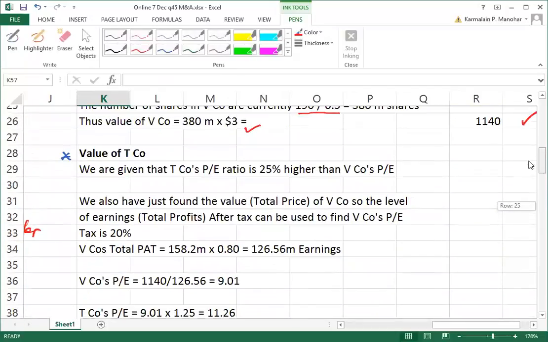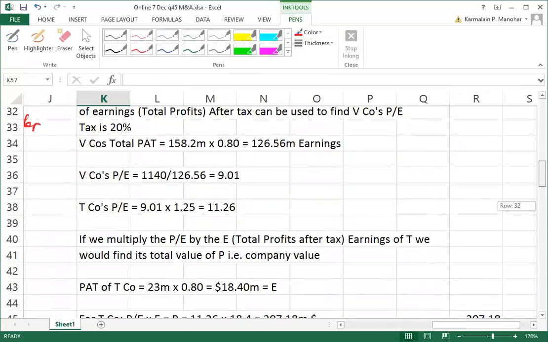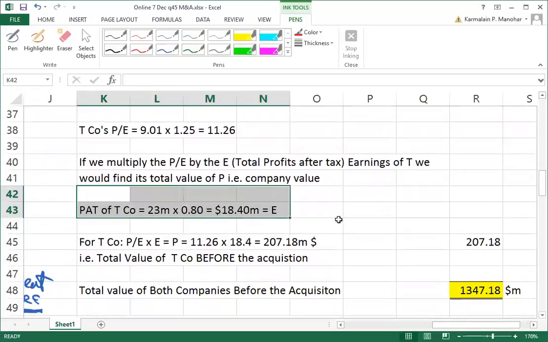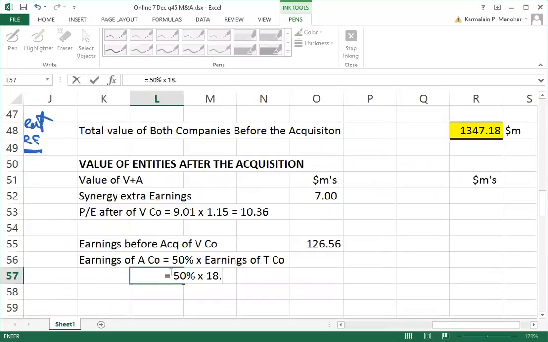So up here somewhere. Right, here it is, profit after tax of T, right? So this here now would be equal to half of $18.4 million, and that gets us 9.2.